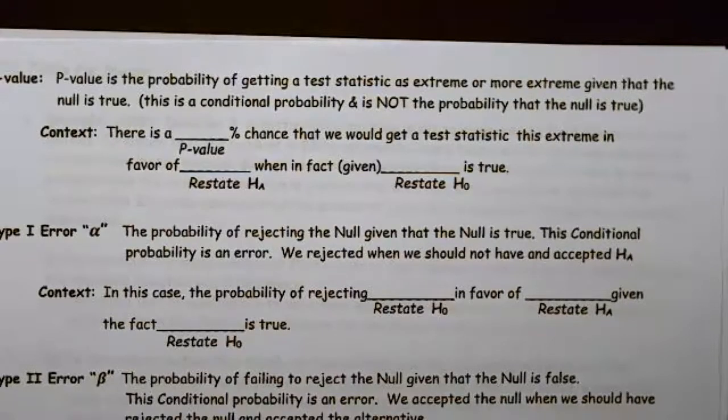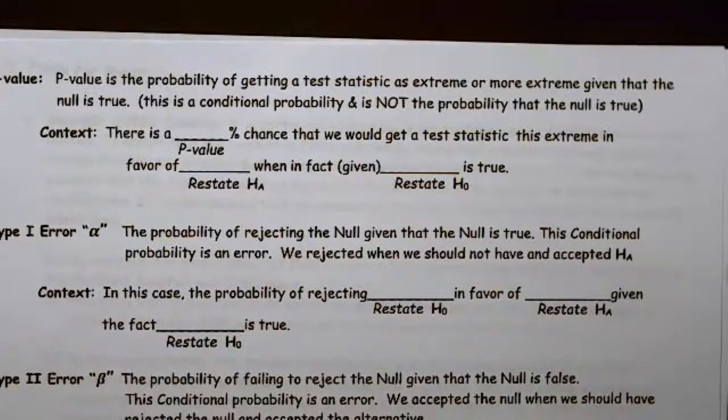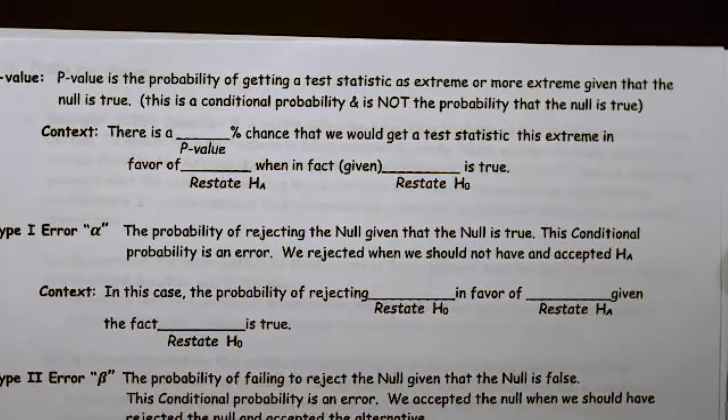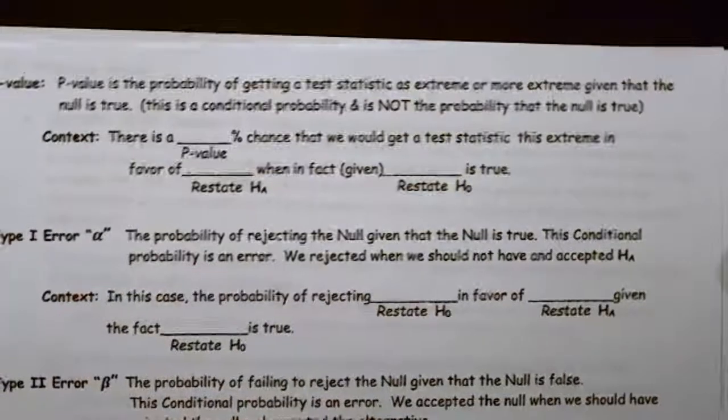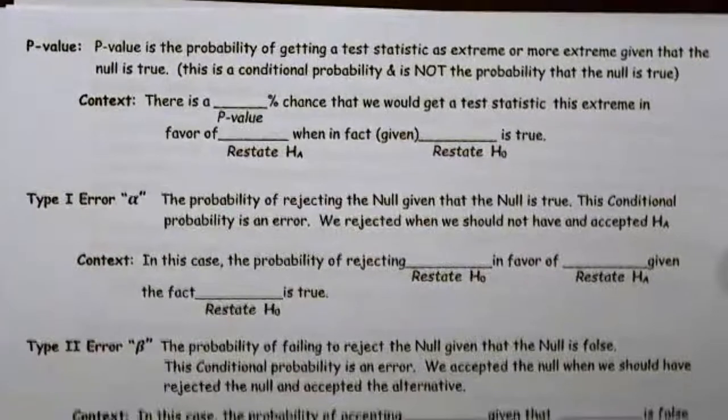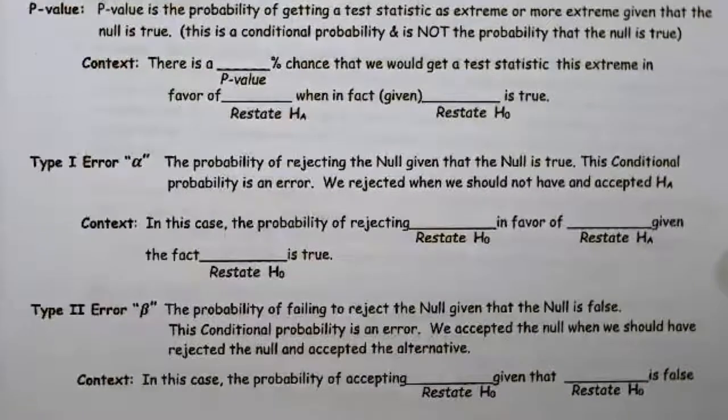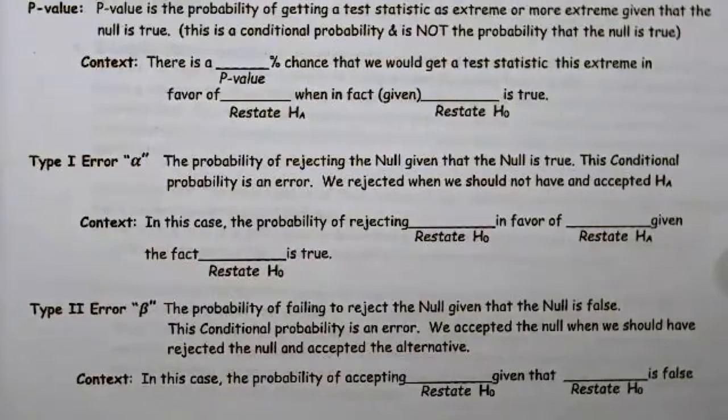On the other hand, there's less than a 1% chance that we get a test statistic this extreme if the null is true. Well, the fact of the matter is, I don't think I'm that unlucky. That's less than 1% of the time. So I no longer think the null is true. I have to believe something else is true. That's what that means.